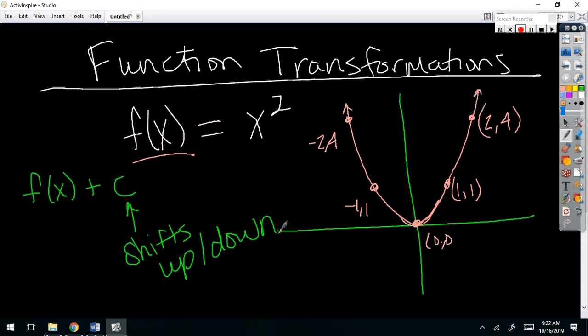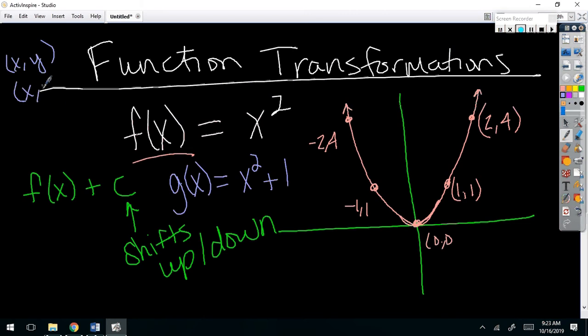So if I took the same parent graph and I said, okay, what if g of x equals x squared plus 1? That means everything moves up 1. Every y, and if you look at the column that says change, it says x, y becomes x, y plus c, which means you add that c to every y value, right?